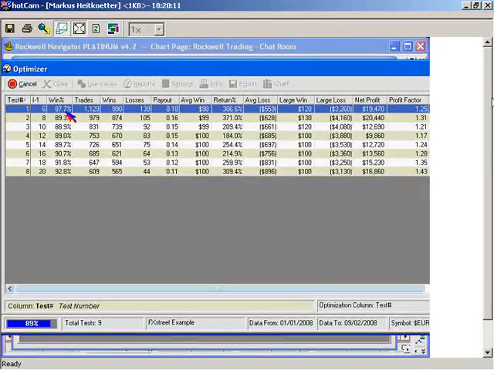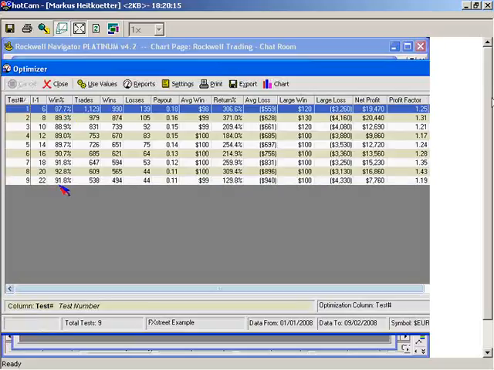Winning percentage, it's somewhere between 87 and 98%. And as you can see, the winning percentage gets higher as we increase the number of bars used in average here. Of course, the higher the moving average, the fewer trades we have. But we are all well above our 200 trades. Perfect. Let's take a look at the net profit here.